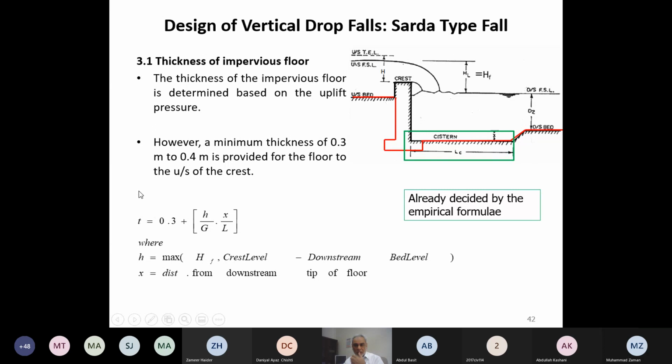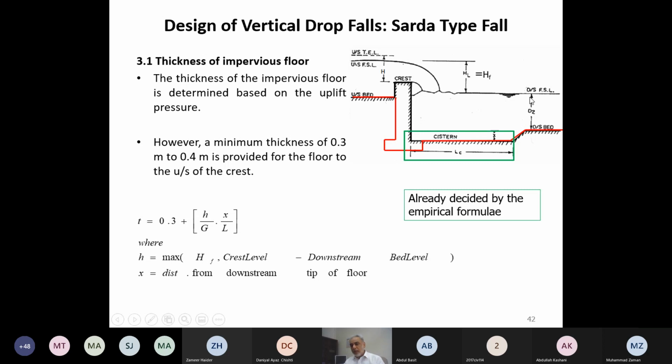No need to calculate this T using this formula on the upstream side. कोई भी बंदा x को L तक ले जाए तो उसकी T value quite high आ जाएगी, but our concept tells us that there is no uplift pressure on the upstream side, because the water standing over here balances the uplift pressure, so we don't need to provide thickness of the floor to take care of that uplift.